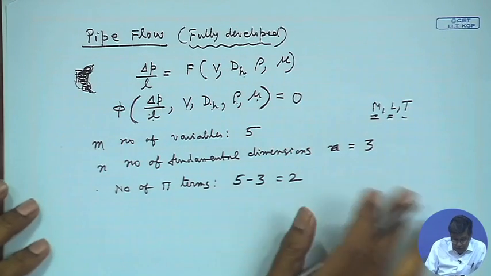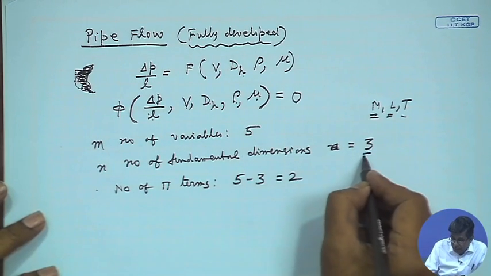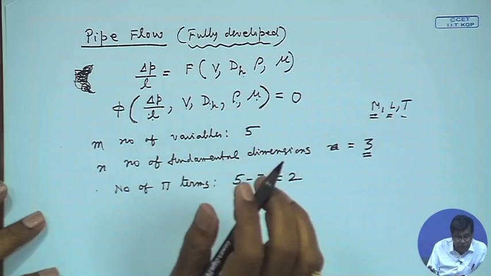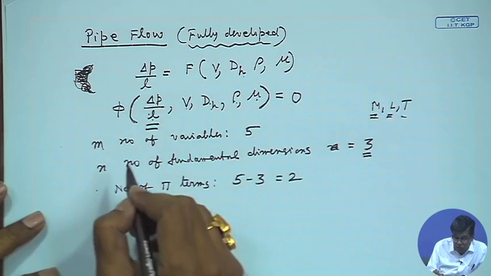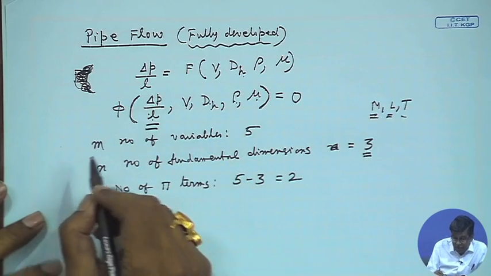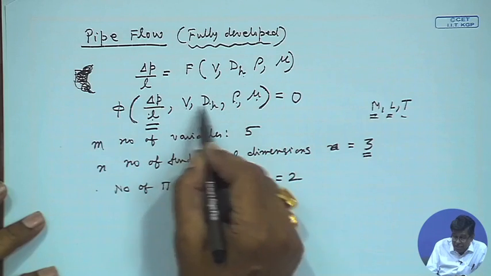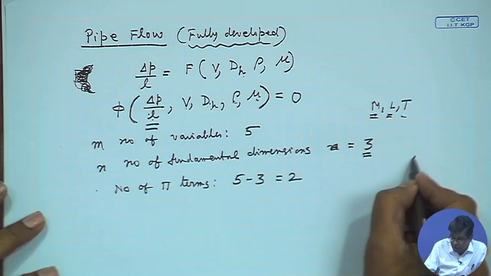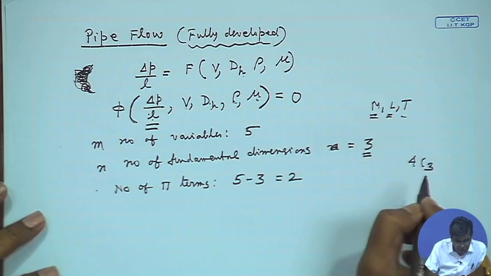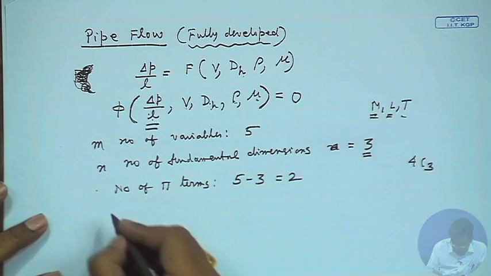Now, the number of fundamental dimensions is 3, so we can have 3 repeating variables. The output variable should not be among them. There are 4 dimensional variables, so the choice is 4C3. That means we can have many sets of repeating variables.